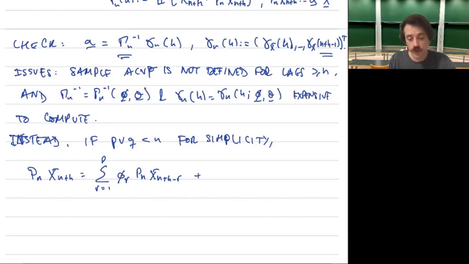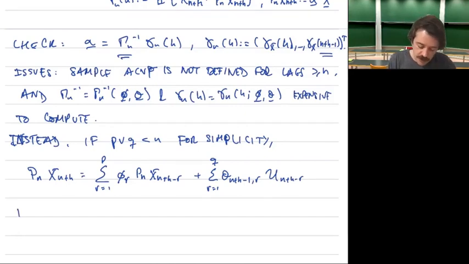Now we need some sort of more MA expression, and so this is going to be given by the following: sum over R from 1 to Q of theta n plus h minus 1, and then a second index, sorry, R. So essentially what we're going to have as we run through different h's and r's is a matrix of parameters theta rather than a vector as we did before. And then this is times the innovations rather than the epsilons if we were defining an ARMA model. So we have n plus h minus r.